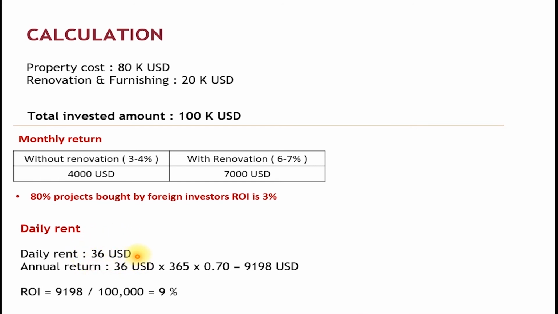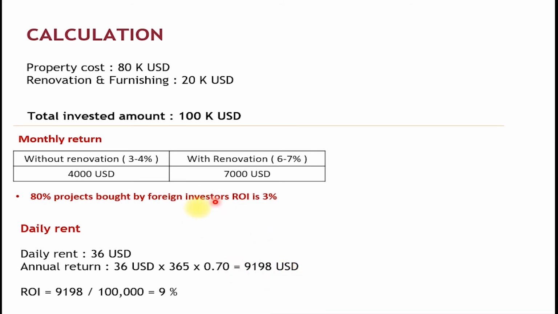But in your apartment, you are giving them prices 50% cheaper in a very good location. Let's multiply by 1 year and by 0.70. Why 0.70? You cannot expect your apartment to be full every day. There will be some vacancy period also. So I keep 30% as vacancy and 70% full. So you are getting almost $9,198.